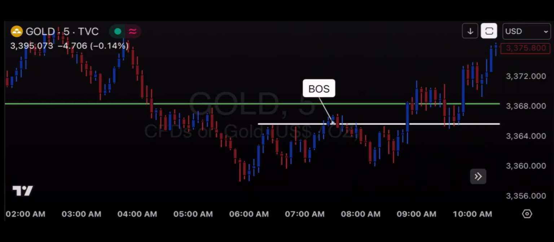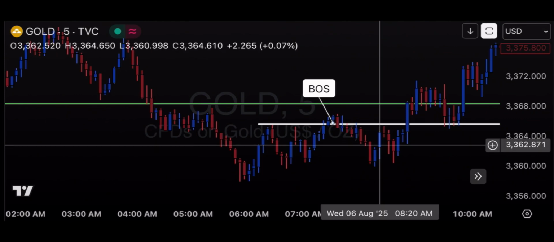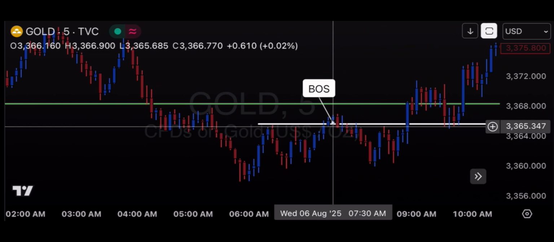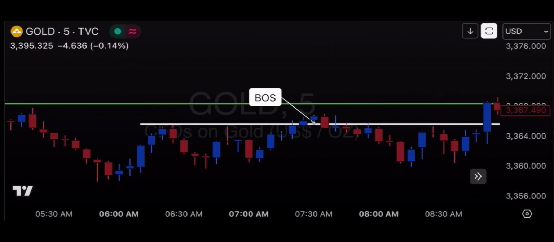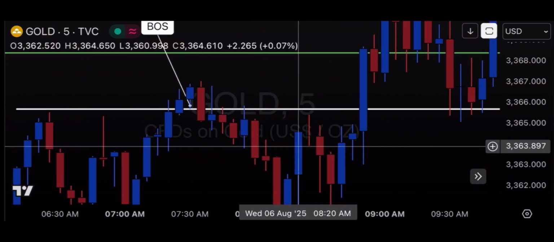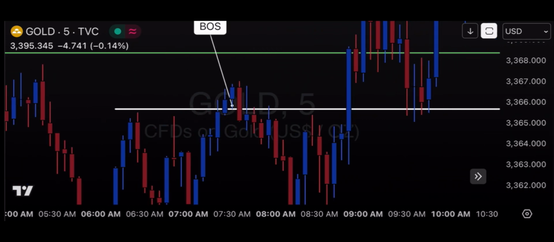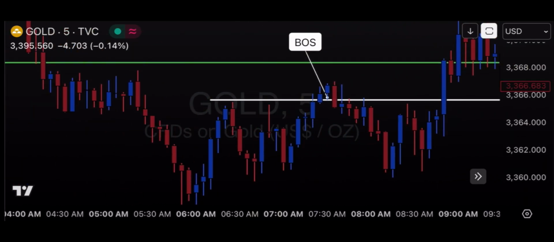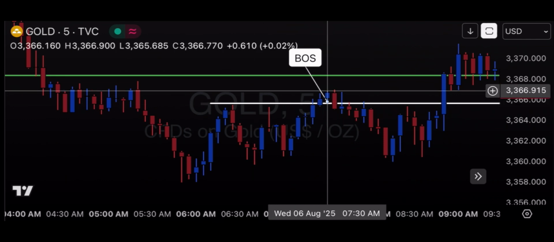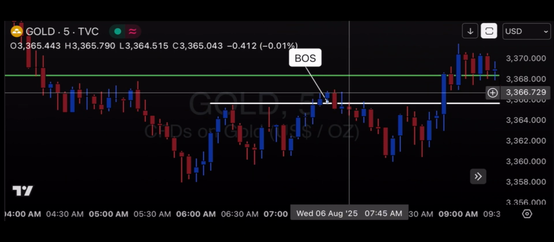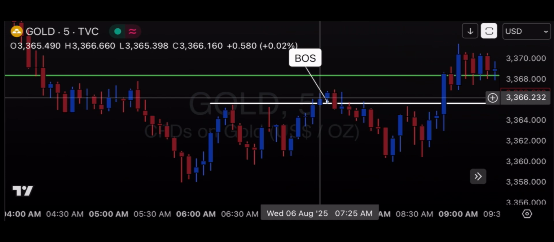Meaning, if this line right here is our break of structure, if a candle closes with a body above, and if you look in right here, you see we have a candle body close above right here, and right here. And with that being said, that means this right here is our initial break of structure.